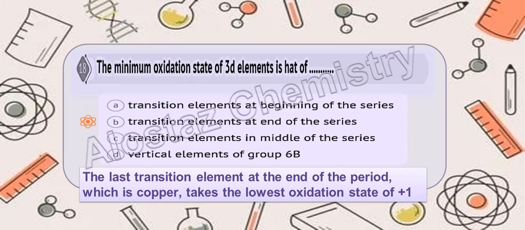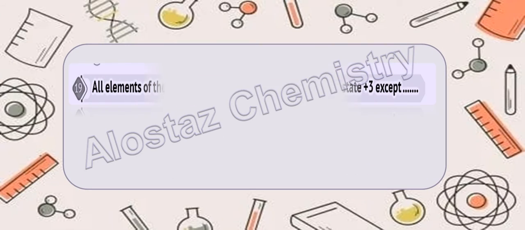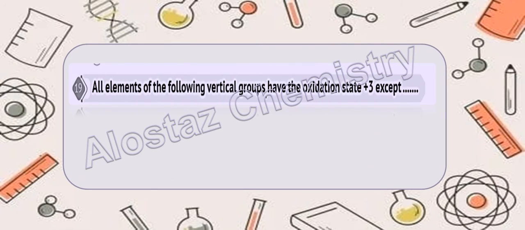Okay, let's go to question 19. Question 19: all elements of the following vertical groups have the oxidation state +3 except. Let's go to the choices. We have group 3B, 4B, 2B, and group 8. All these elements have the oxidation state +3 except what?